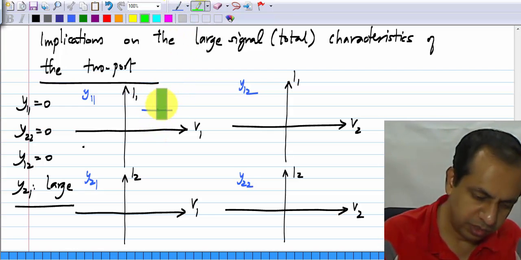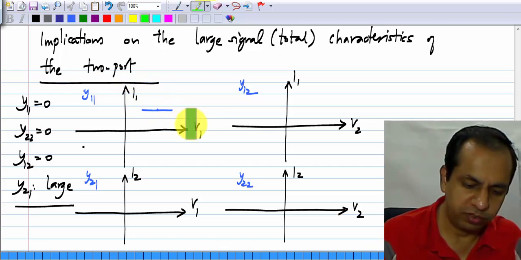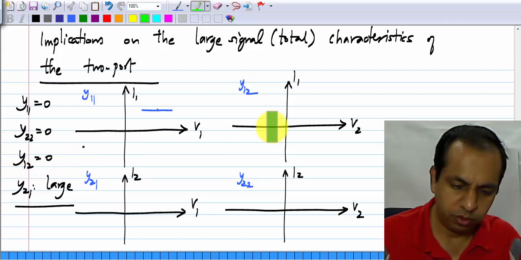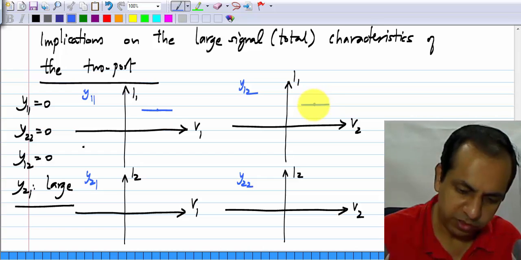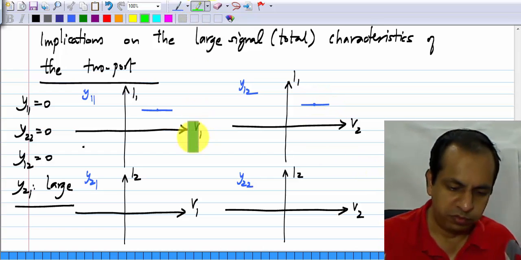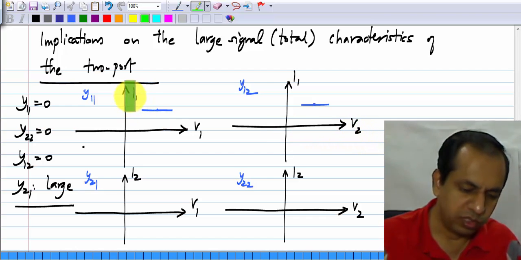So, let us say this is the operating point here, then that means that the slope of I1 versus V1 is 0. And similarly, because y12 is 0, the slope of I1 versus V2 is also 0. Now, V1 and V2 are the only variables. Okay. So, what does it mean here?